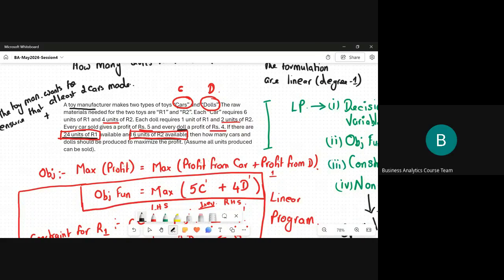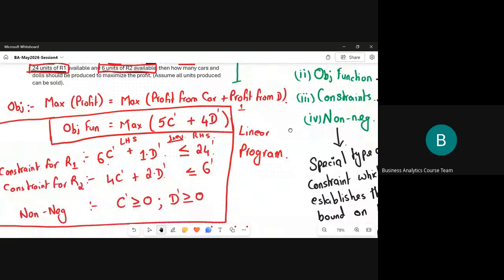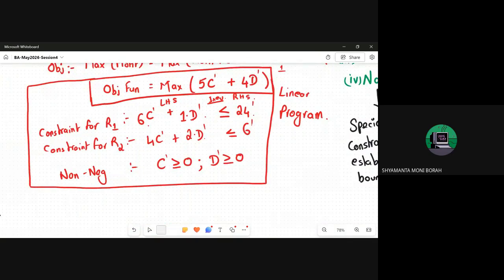Let's say he gives you a minimum production requirement: at least 2 cars are made. Then a new constraint would be added to the problem: C greater than or equal to 2. So a new constraint for C will get added to the problem, which will say C must be greater than or equal to 2.